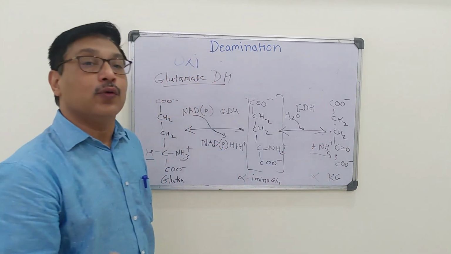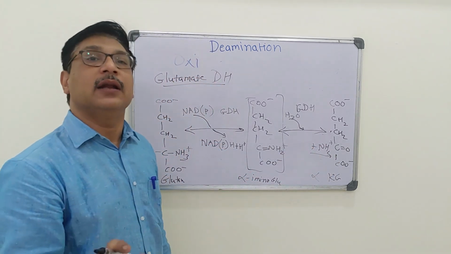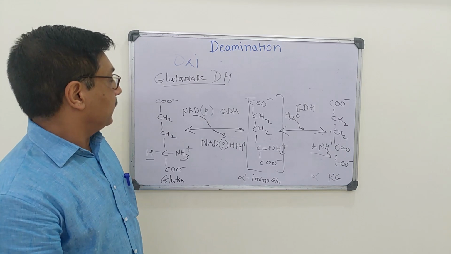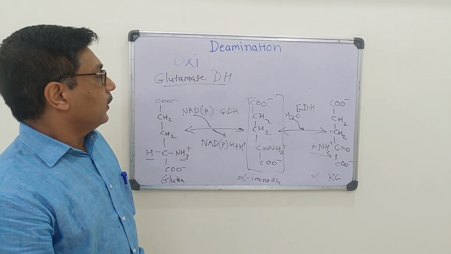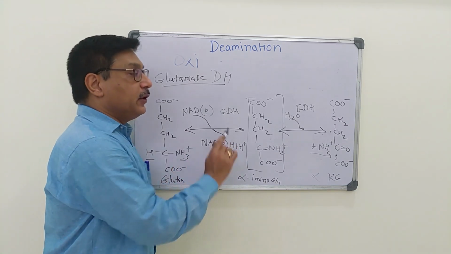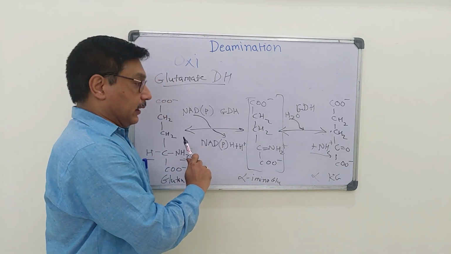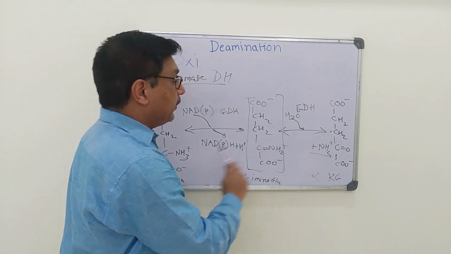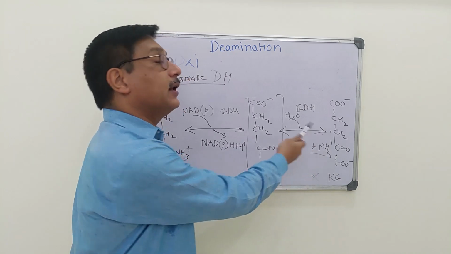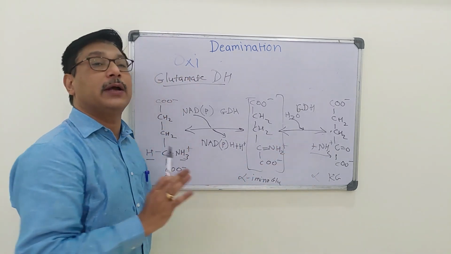Ammonium ion, as you know, enters into urea cycle to produce urea. This reaction is reversible. It can catabolize glutamate to form alpha ketoglutarate, or it can help in anabolism of amino acids.